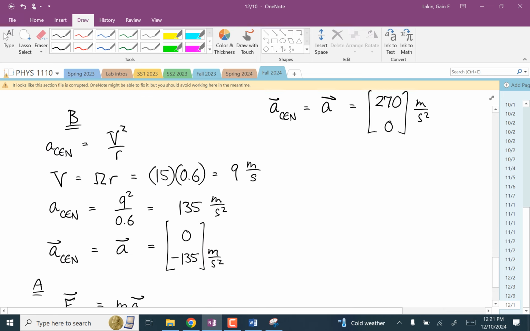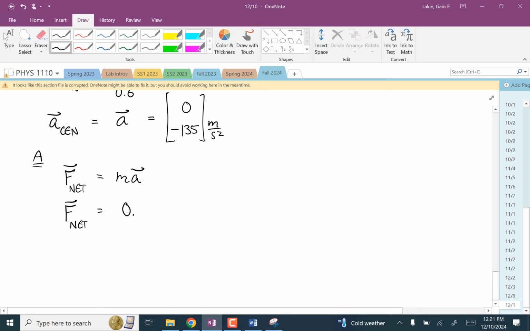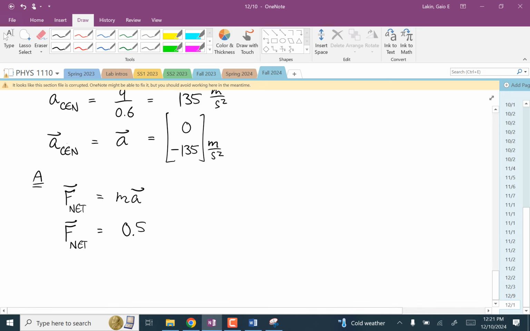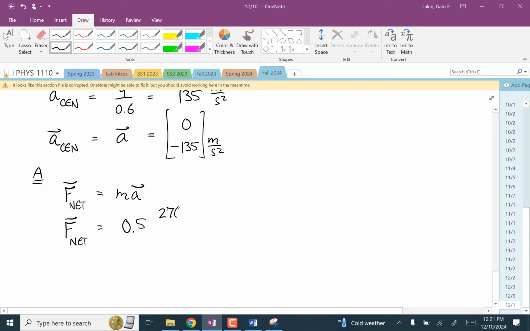And so this is 0.5 times the vector 270, 0. So that's 135 in the positive x direction, 0.